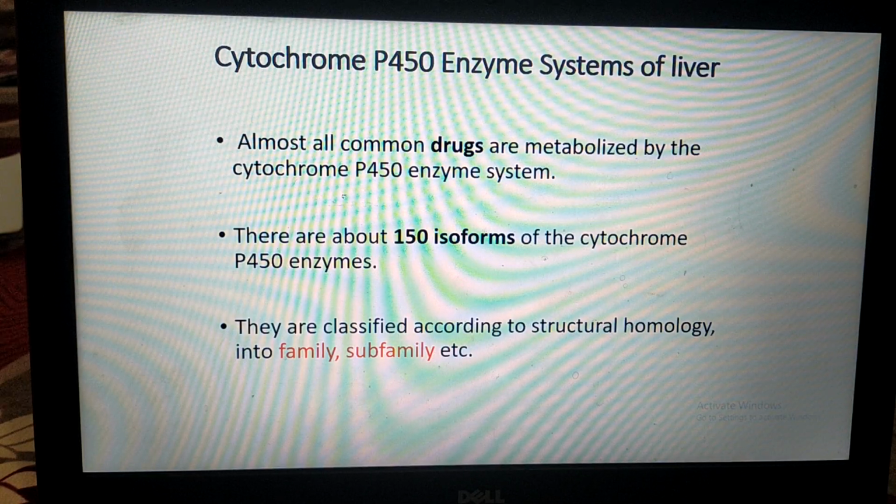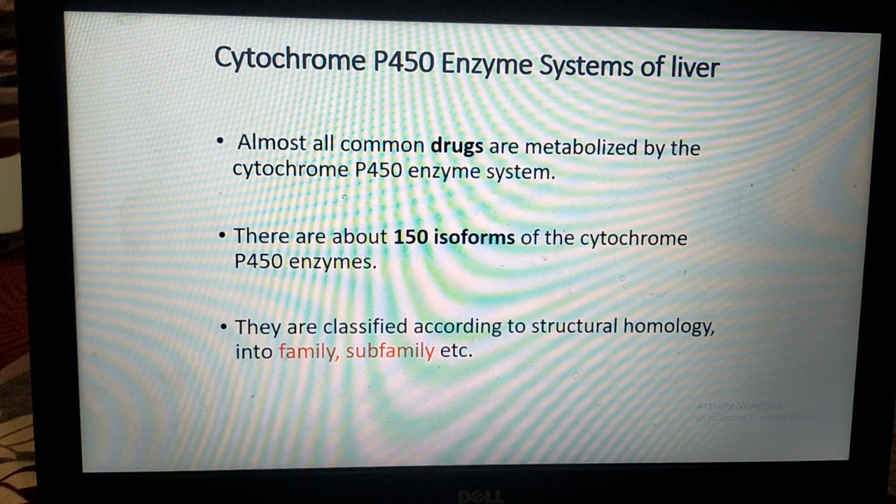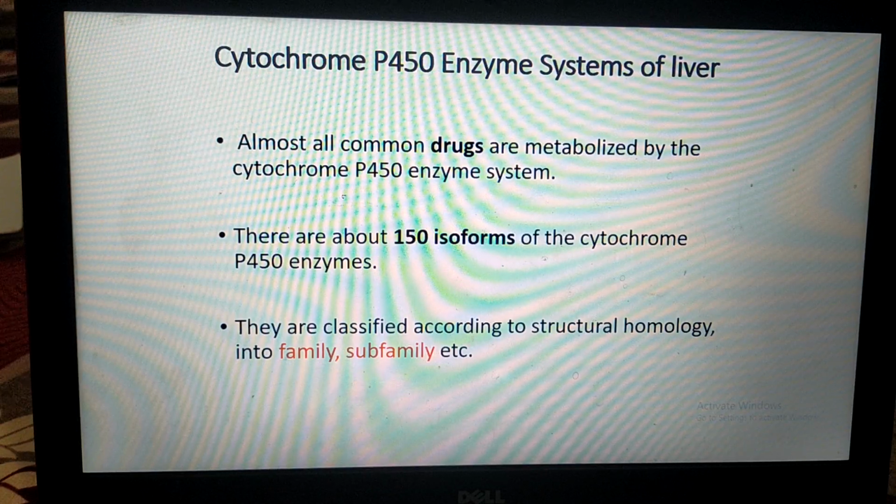Now this cytochrome P450, as I have told you, is not a single enzyme. It has more than 150 isoforms. Isoforms means proteins which are different due to their difference in post-translational modifications. So 150 isoforms of cytochrome P450 enzymes are found up till now.